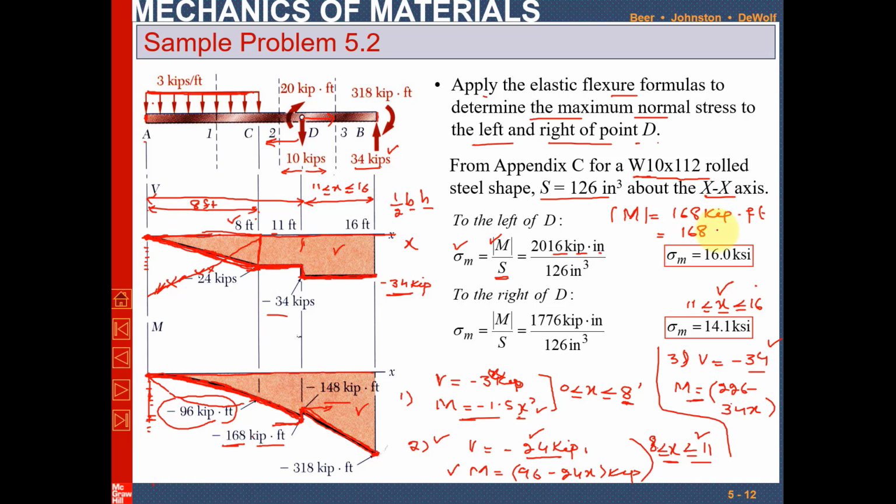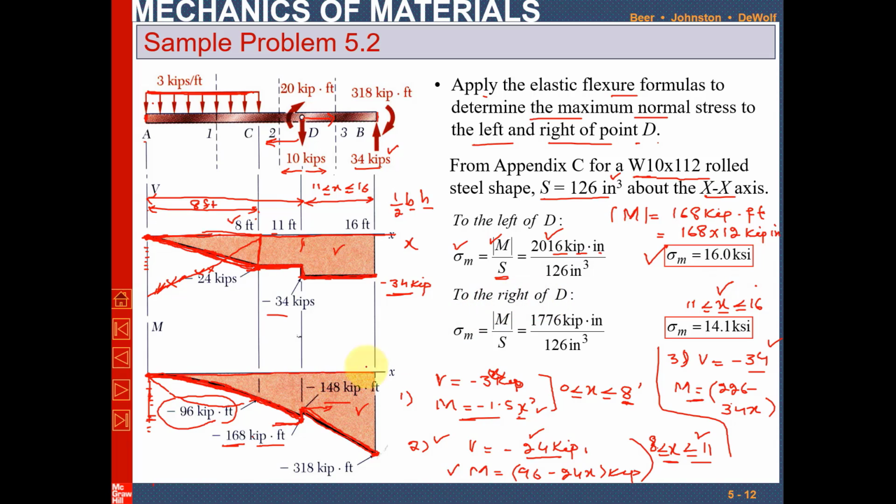So 168 into 12, because 1 foot is equal to 12 inches, will give 2016 kips into inch. Why are we converting from foot to inch? Because the S value is in cubic inch, so for consistency in units, we have to convert this. When you calculate it, sigma max before point D is 16 ksi.